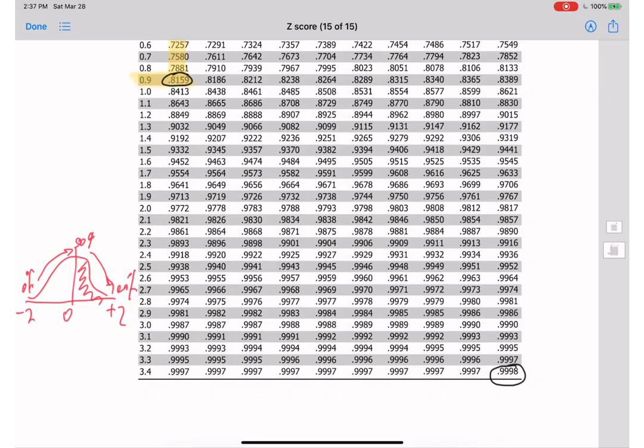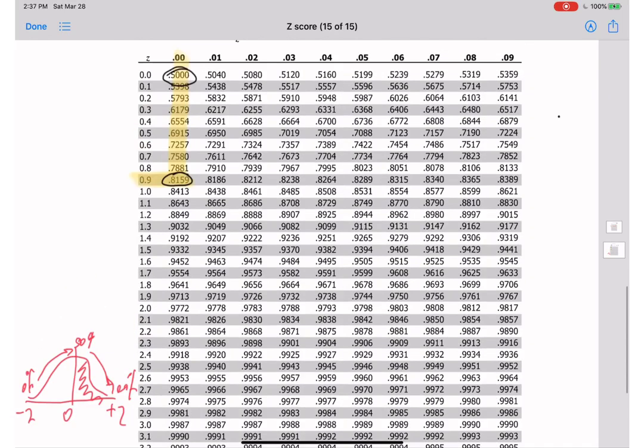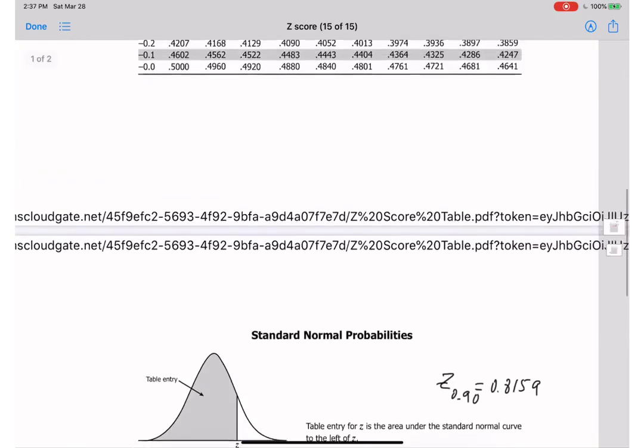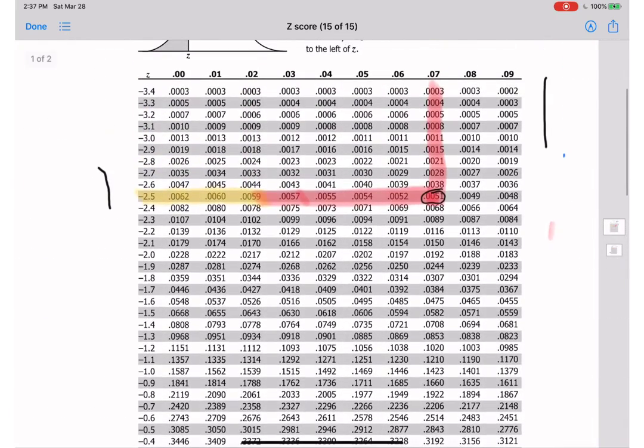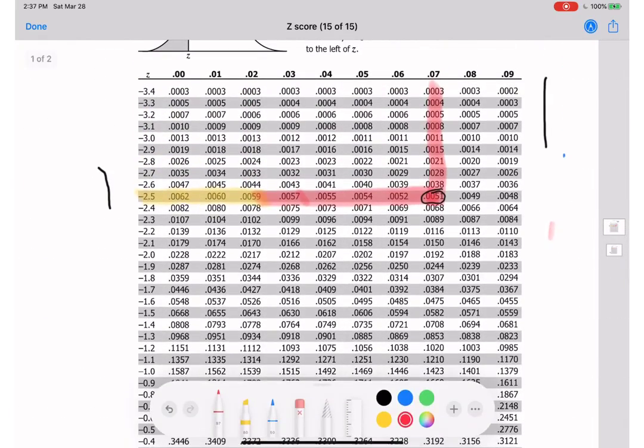Now we are doing a smooth transfer to today's topic. What we're gonna learn today, we are going to do a backwards operation. What does that mean? So let's see.